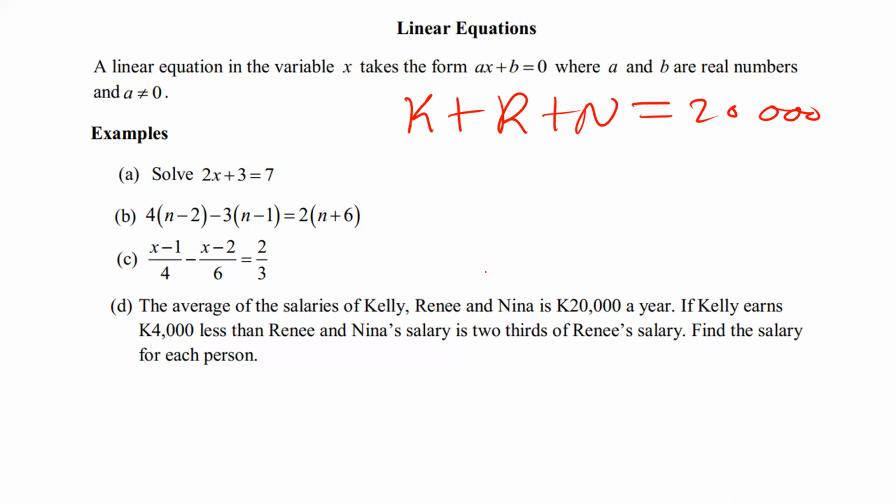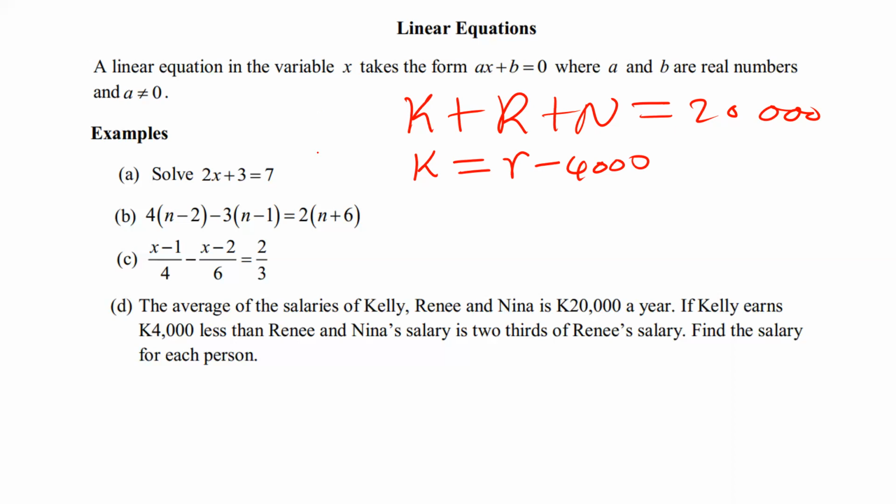And then they're saying if Kelly earns 4,000 less than Rini, this means that Kelly earns how much? 4,000 less than Rini. So we say R minus 4,000 is what Kelly earns.